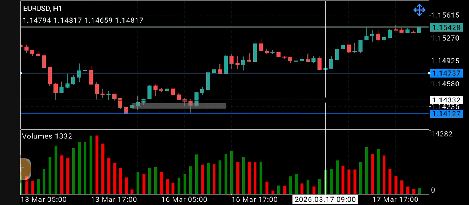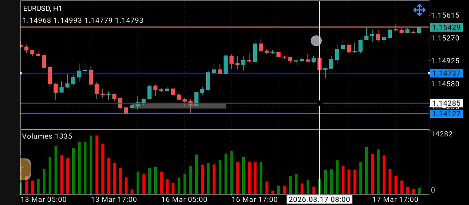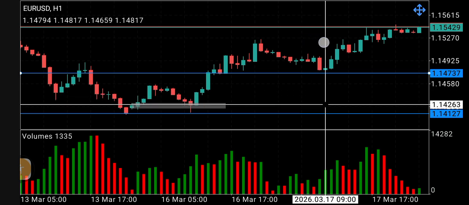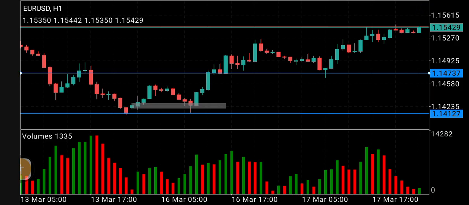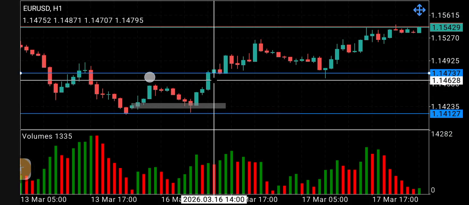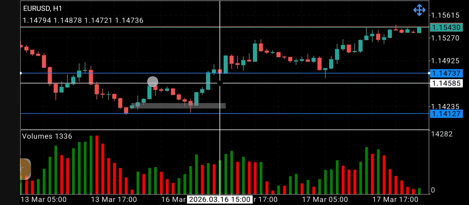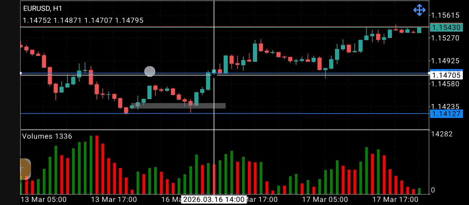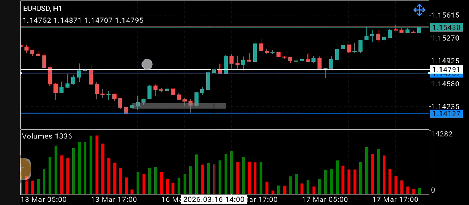Exactly. Can you see it? With huge activity, big volume. That's all I needed. My stop loss. This is where I put my stop loss. Below here. So my entry is here.